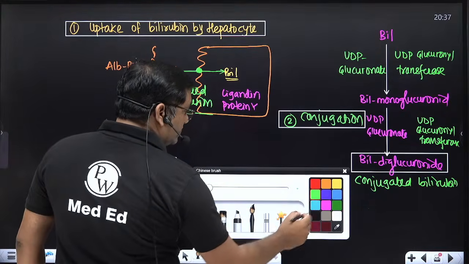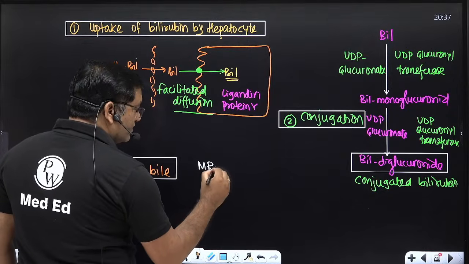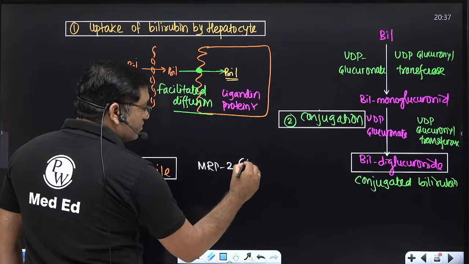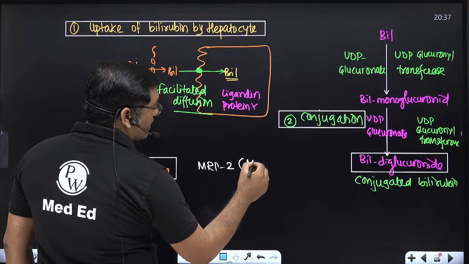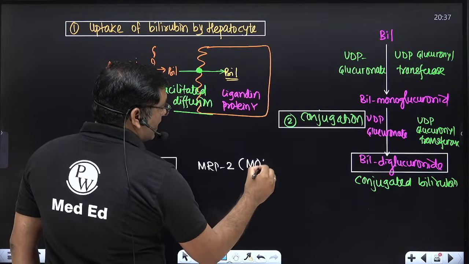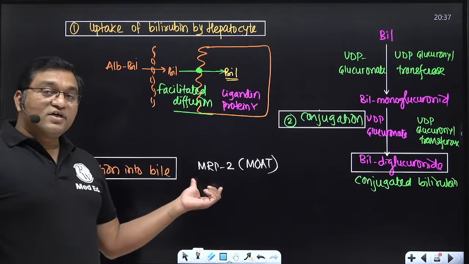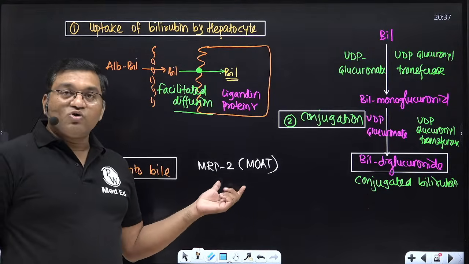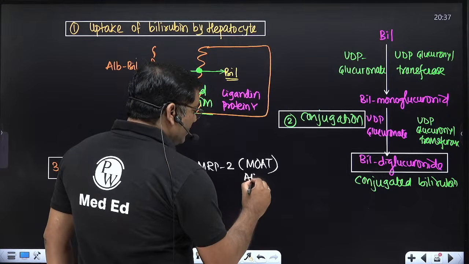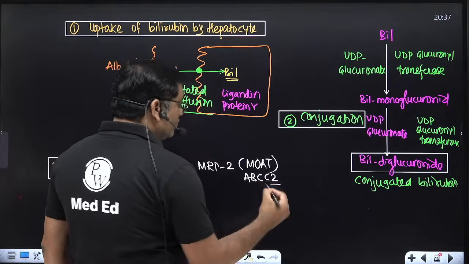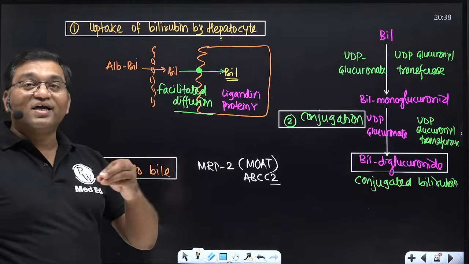In this step, there is one transporter, that is MRP2, also known as multi-specific organic anion transporter, or multidrug resistance protein 2, or also known as ABCC2, ATP binding cassette transporter C2, which is important for secretion of bilirubin into bile canaliculi.